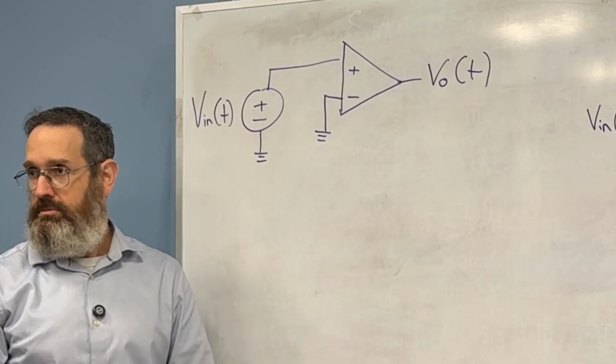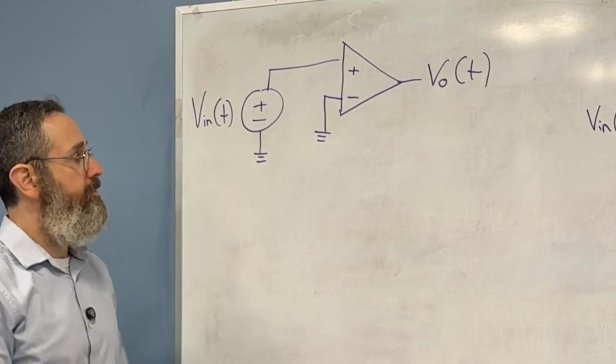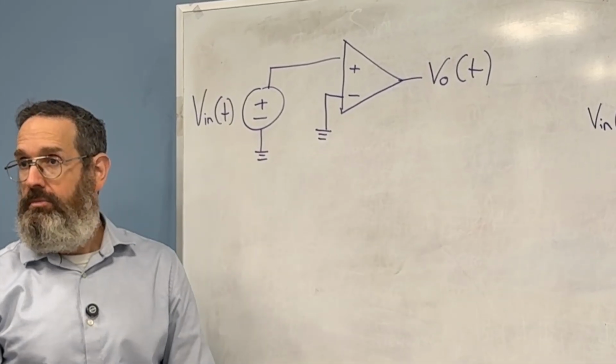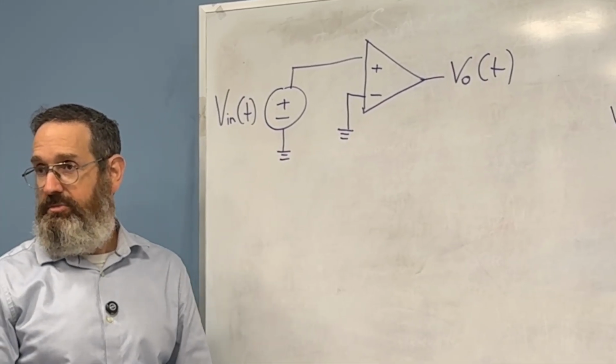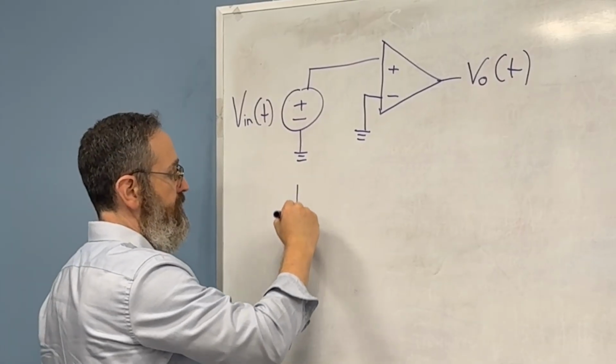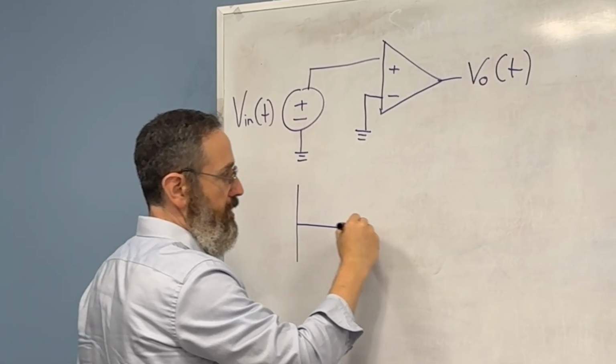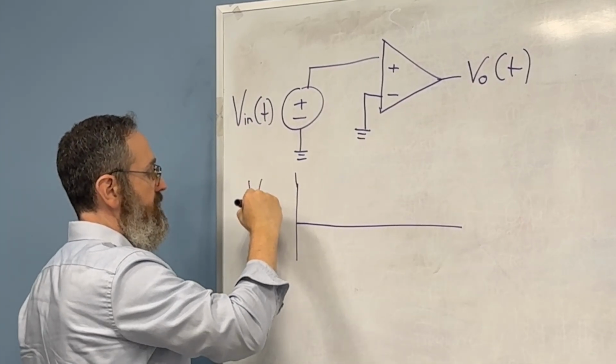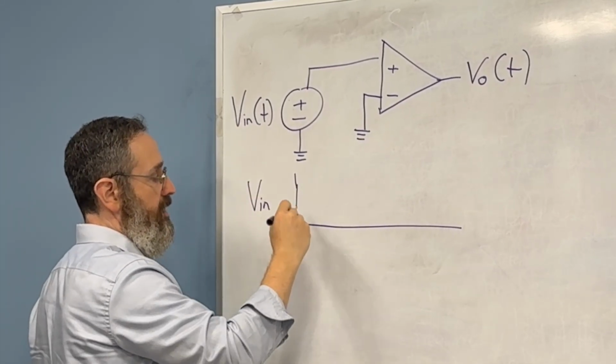In this case, I would like to draw it out. That's the easiest way for me to approach this. So I'm going to go back to the drawing, and the first thing I'm going to draw is V in.